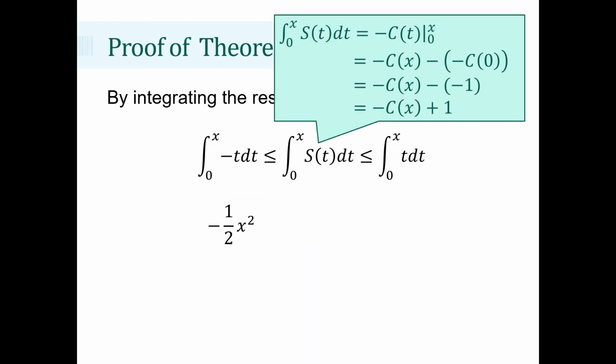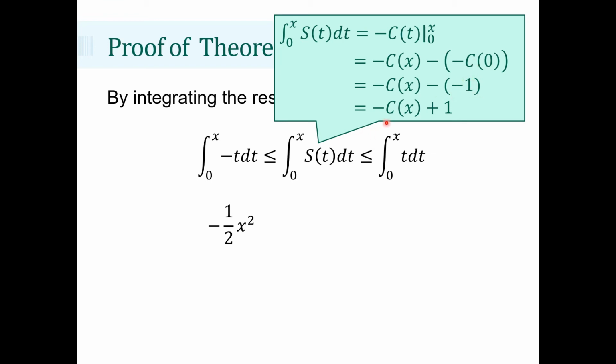For the second integral, we have the integral of sine t dt that is just equal to negative of cosine t evaluated from 0 to x. So, we have negative C of x minus negative of C of 0. But what is negative C of 0? Di ba that is equal to negative 1 kasi C of 0 is 1.